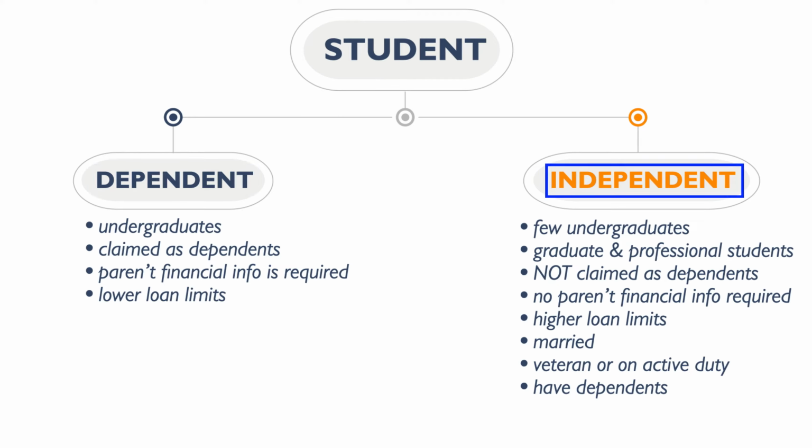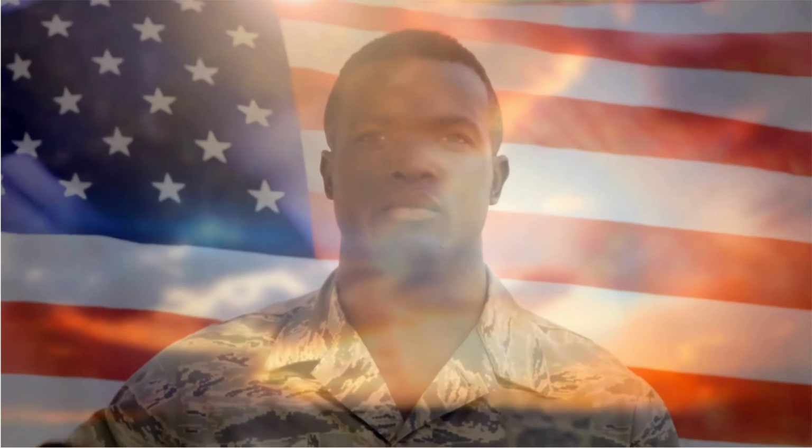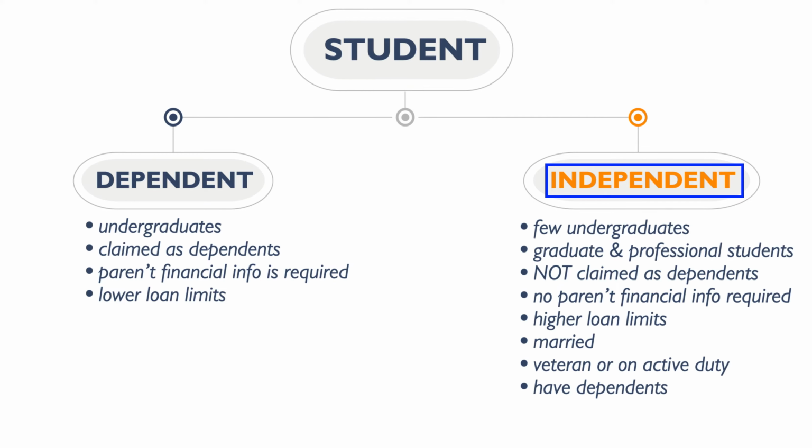On the other hand, independent students include graduate, professional, and select undergraduate students who are not claimed as dependents on someone else's tax return. They are not required to provide their parents' financial information when they apply for federal student loans. Additionally, students that are married, serve on active duty, or have and support dependents are also considered independent.